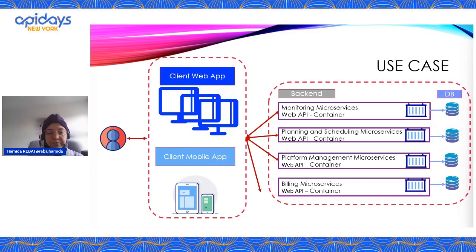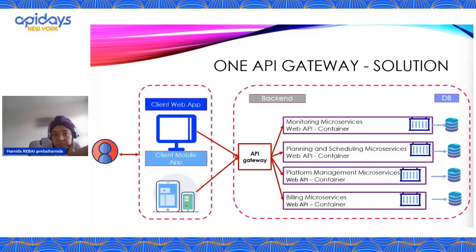We have multiple interactions. But if we add an API gateway here, an example of having one API gateway, it's simplified, along with the advantages of using the API gateway pattern. We have some elements to consider. You see that the API gateway will dispatch the different interactions.